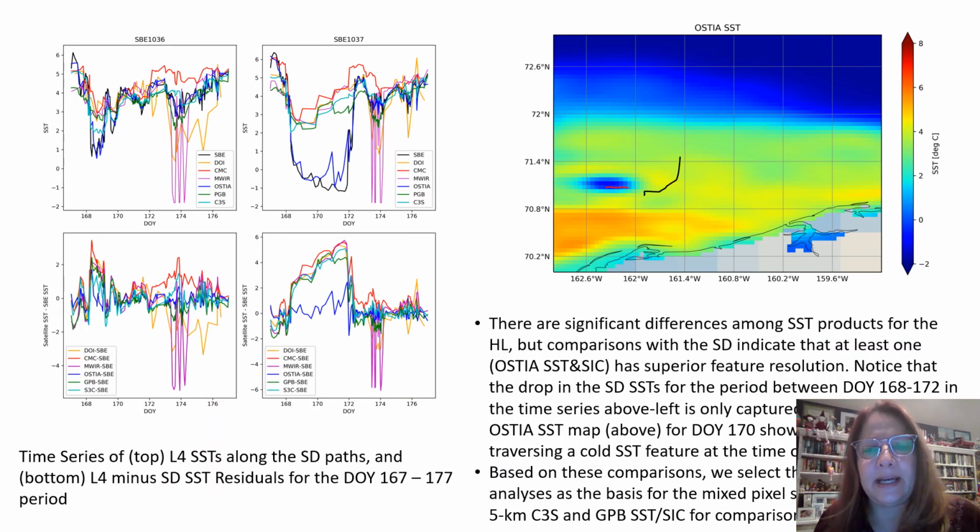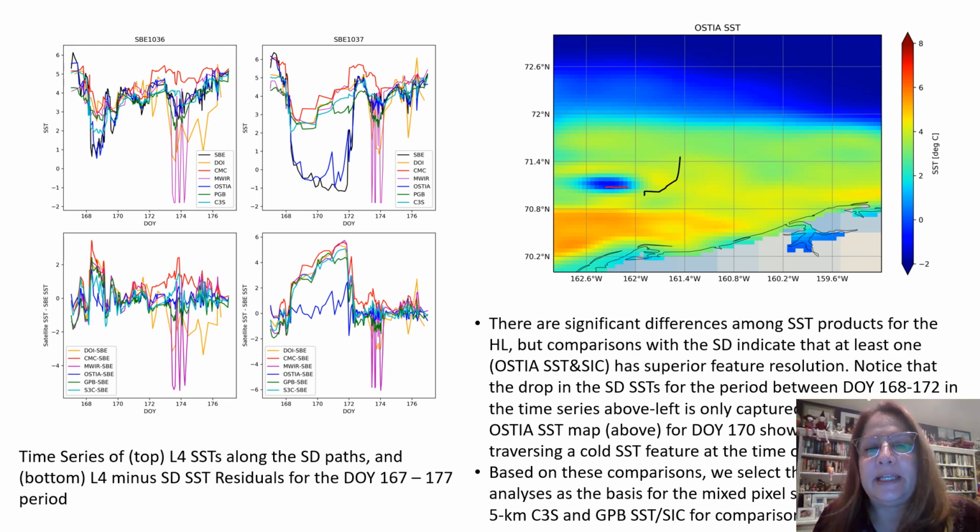As part of these evaluations against the Saildrone, we have here time series of SSTs with the black trace corresponding to the Saildrone. In the bottom, we have residual L4 minus Saildrone SST differences, and we can see that the only one that has zero bias is OSTIA.